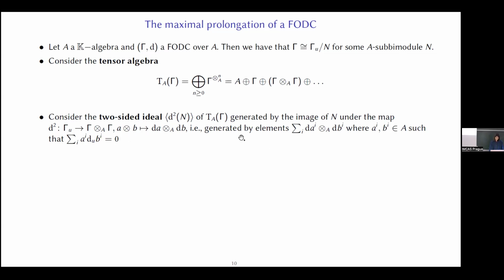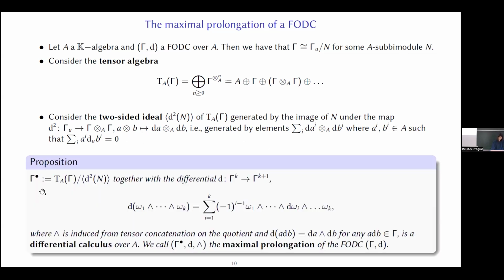And you can prove that you have a differential calculus by taking as a graded vector space the quotient of the tensor algebra by this two-sided ideal, and there's a differential, this one. And the wedge is just the balanced tensor product, but now you're tensoring quotiented elements. And this is called the maximal prolongation of the first order differential calculus Γ.